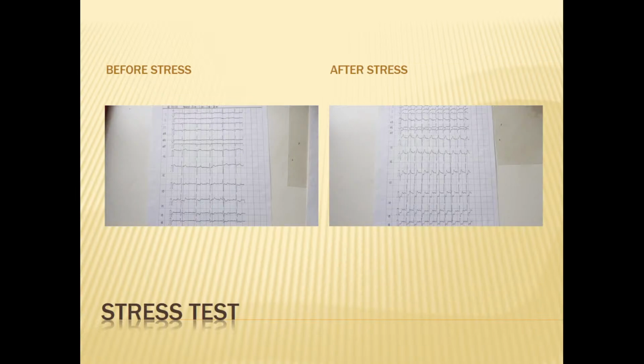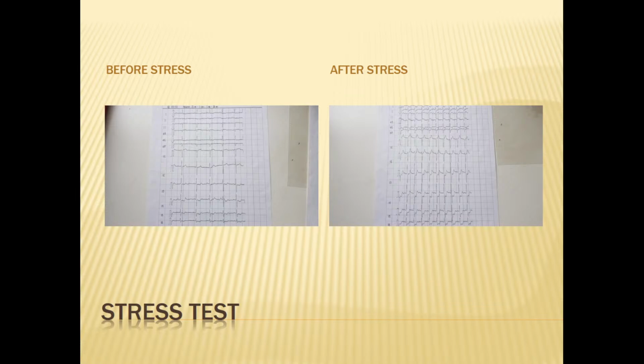Now I want to show you a real ECG which we can see in a real patient. Not only cycling and treadmill may be physical stress tests; it can also be walking or climbing stairs. In this case, the patient did stair climbing. We have to do an ECG before stress and after stress.